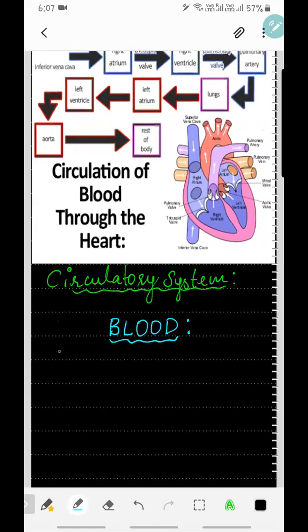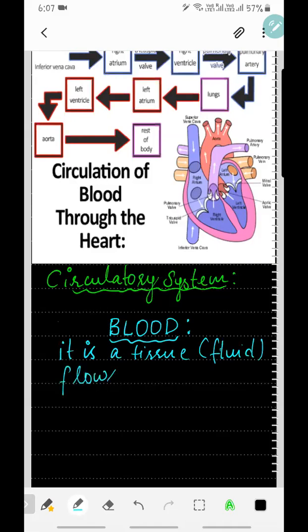So first we can write: it is a tissue which is fluid in nature. It is the only tissue which is fluid. It flows in blood vessels.